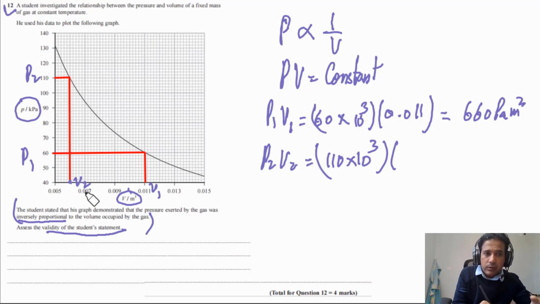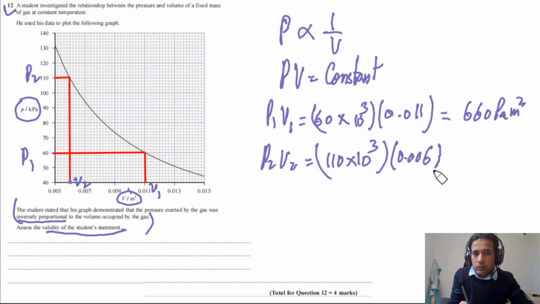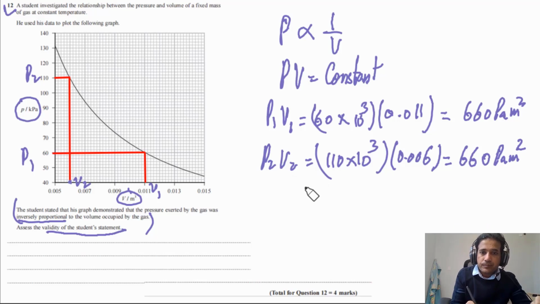The value of V is about halfway, between 0.005 and 0.007, so this one is 0.006. And if we multiply this one, our answer again will be close to this value. And this is cubic meter, actually volume, not the area. So we are using volume, so this has to be cubic meter.